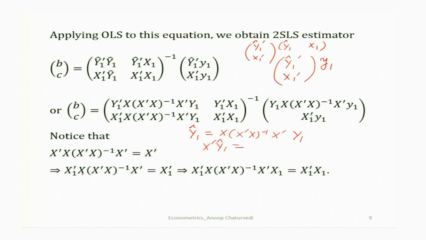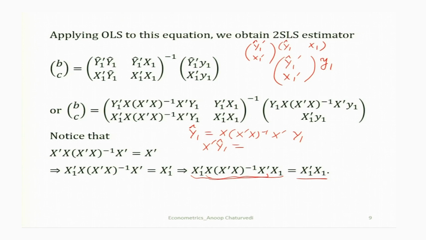Or if you take x 1 transpose x transpose x inverse x transpose, then this is equal to x 1 transpose. You simply write capital X in terms of x 1 and x 2. So, you get this relation. Or if you take x 1 transpose x transpose x inverse x transpose x 1, then what do you get? Here you obtain x 1 transpose x 1. You combine these terms, you get x 1 transpose and then you get x 1 here.